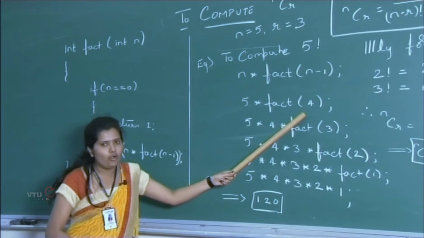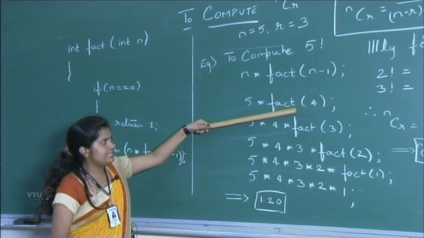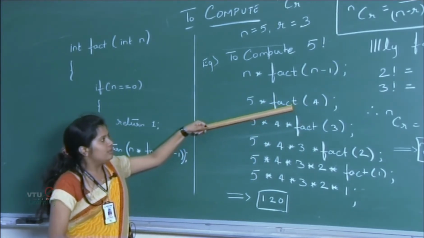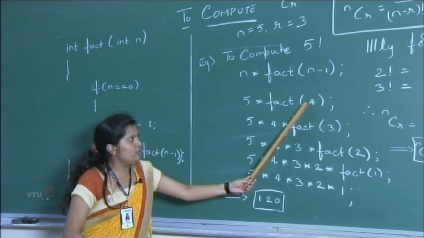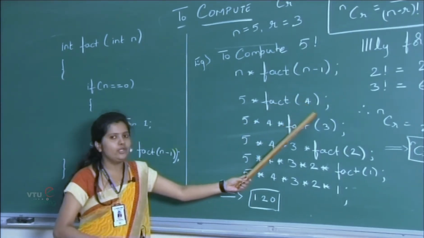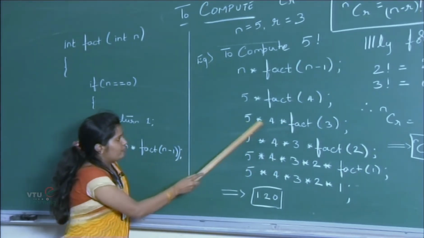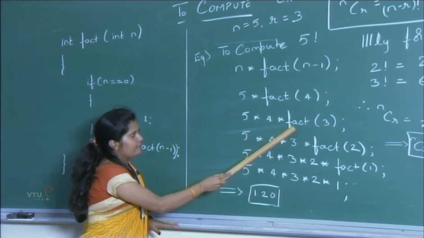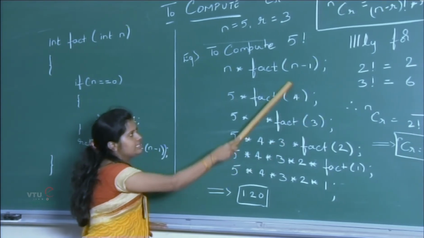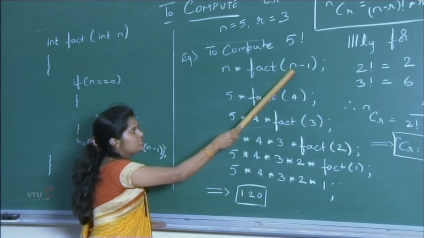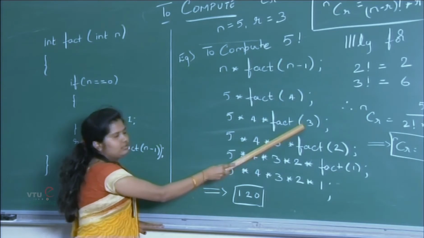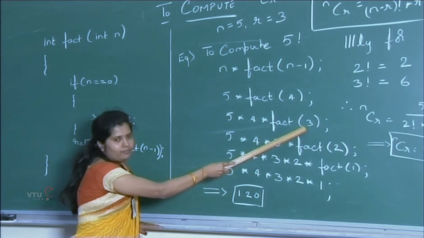equal to 4. Again I am calling the same function called fact. For the value 4, again I will compute the factorial. So 5 star 4 star fact of 3. Since in the formula we have used n minus 1, the value becomes 3.